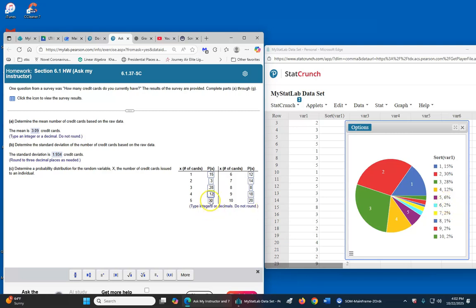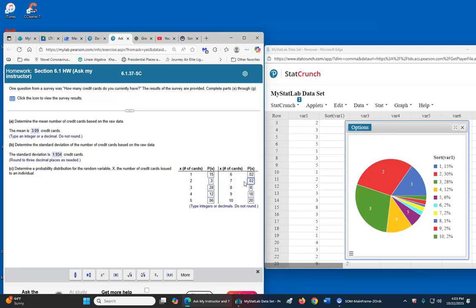5s, 6%. So it should be 0.06. Then 6 would be 0.02, it's 2% over here. Then we got 7s, another 2%.